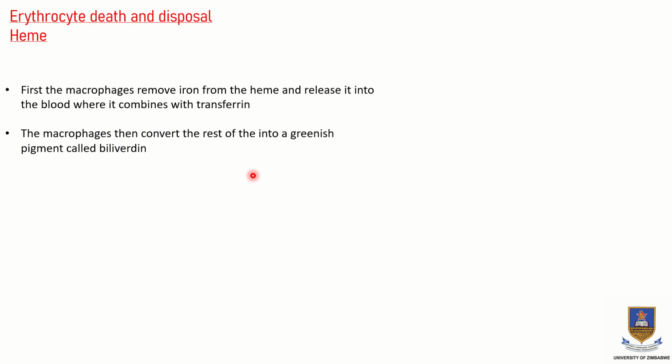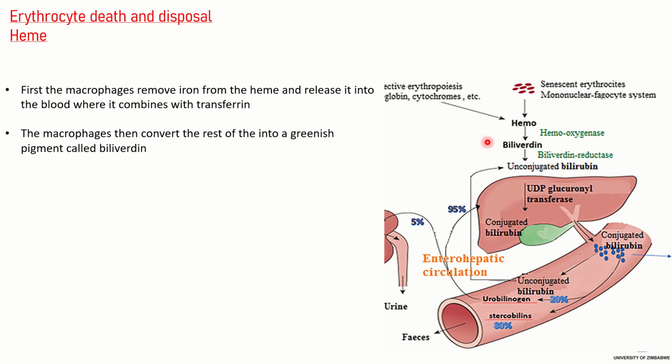The macrophages then convert the rest of this heme into a greenish pigment called biliverdin. Then this biliverdin is further converted into a yellow pigment called bilirubin.